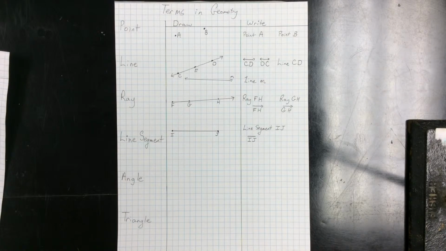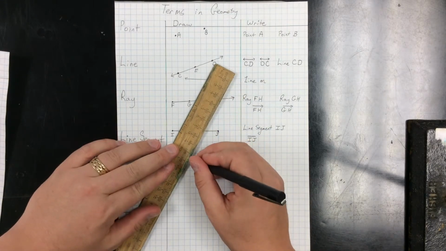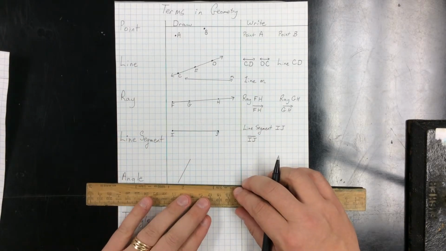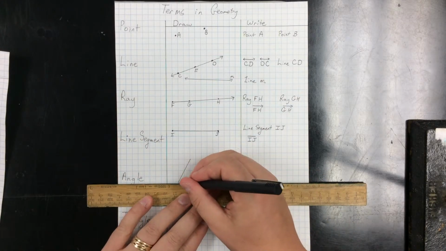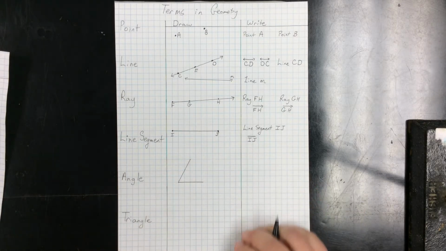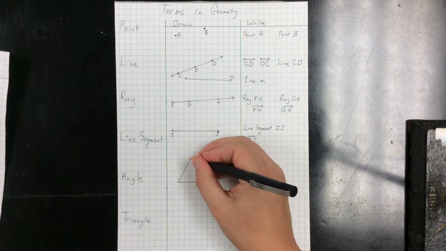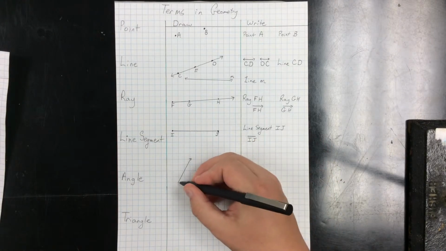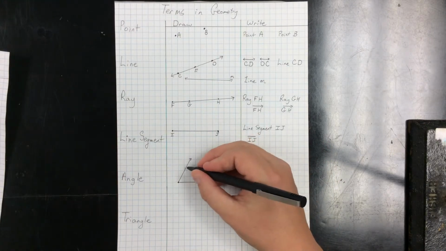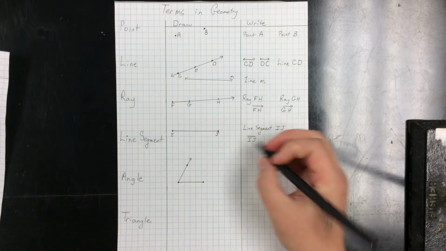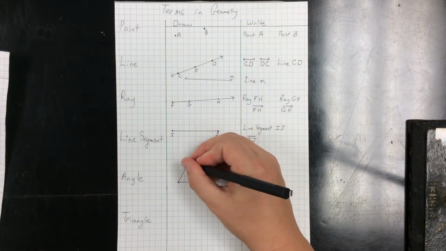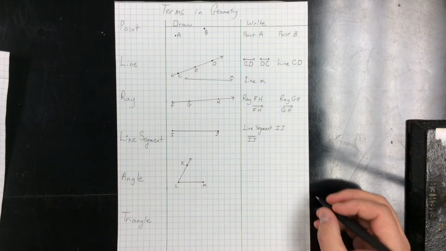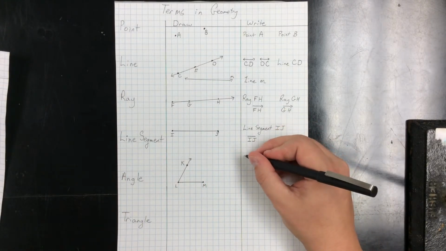An angle is next. An angle is formed when we have two rays, two line segments, or two lines coming together. So I'll do it with a ray and a line segment, and they have a common point. So I give myself a point here, called K, L, and M. This has a few different names that it could go by.